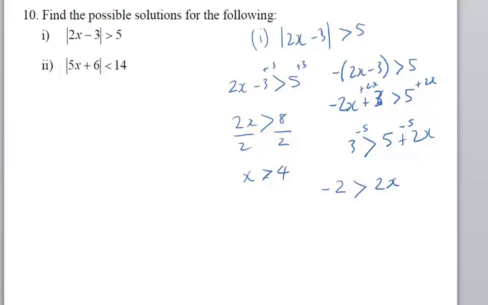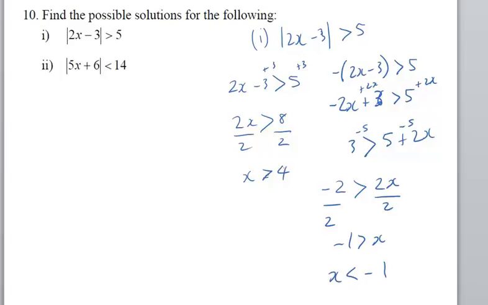Then we can divide by 2 and divide by 2, so we end up with x is less than negative 1. So this holds true: x is greater than 4 and x is less than negative 1.